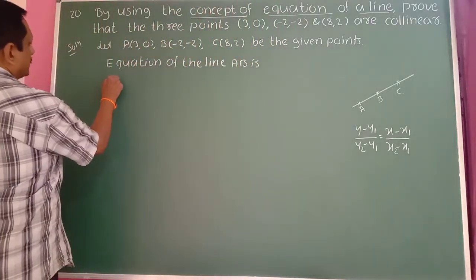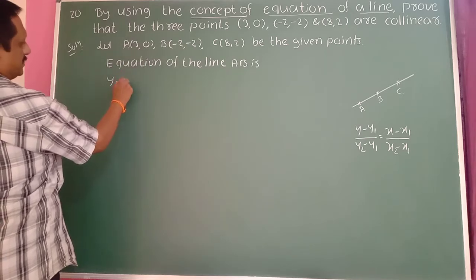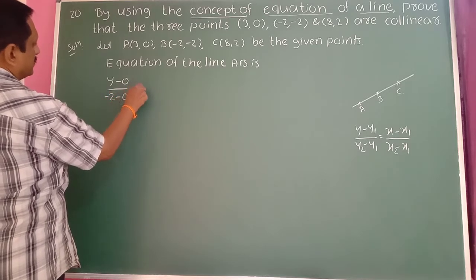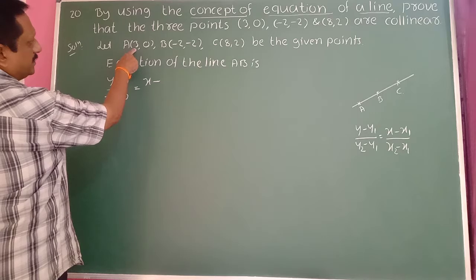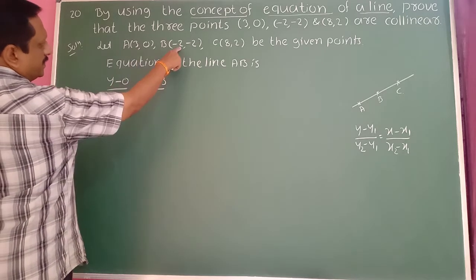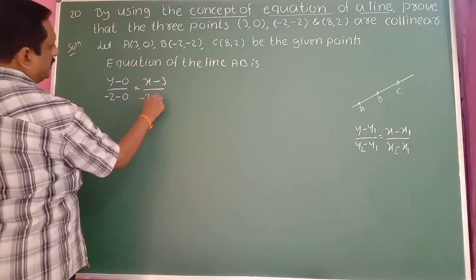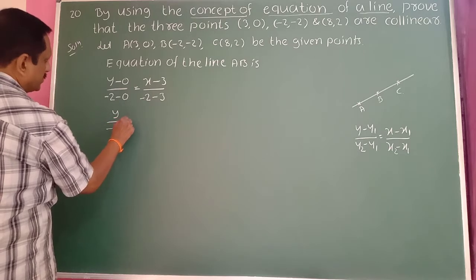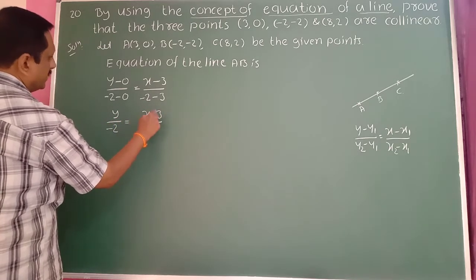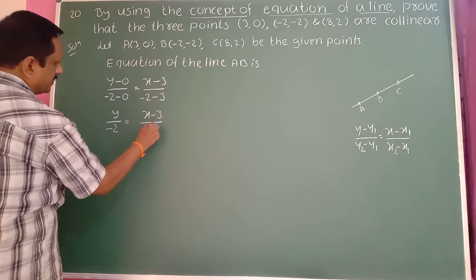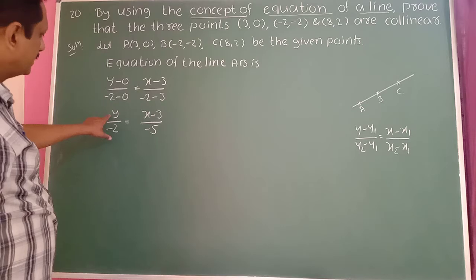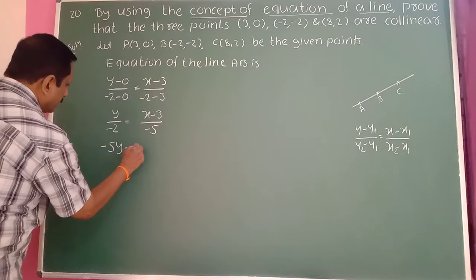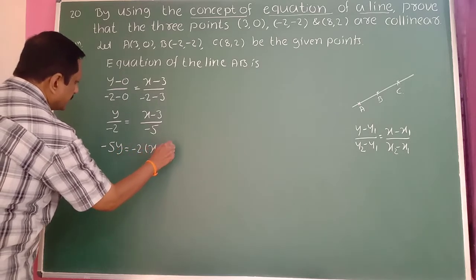Therefore (y minus 0) divided by (-2 minus 0) is equal to (x minus 3) divided by (-2 minus 3), so y divided by -2 is equal to (x minus 3) divided by -5.